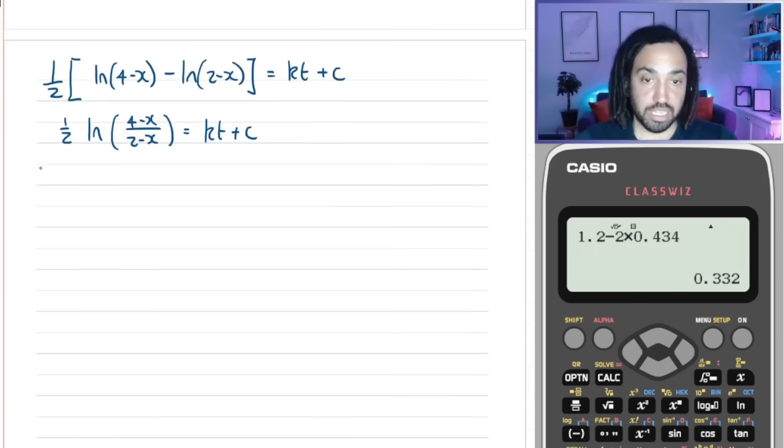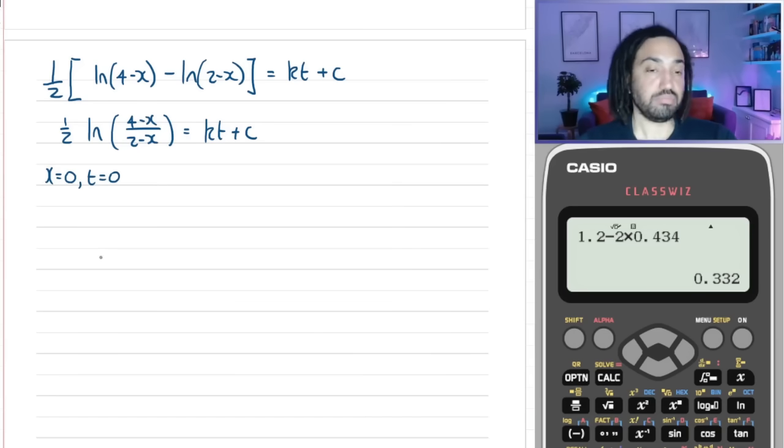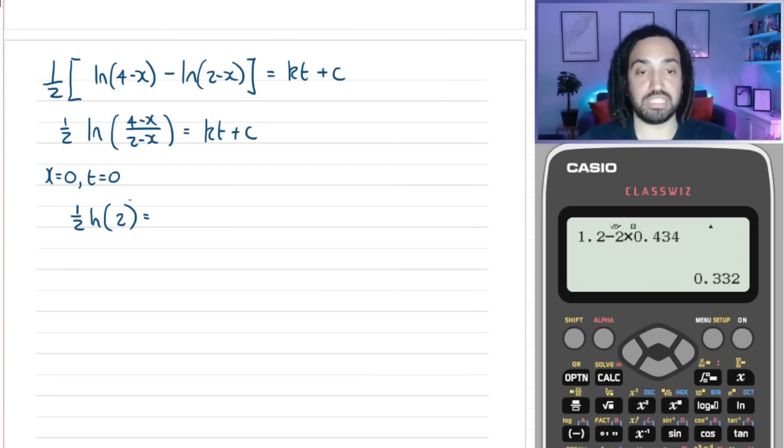Anyway, using the initial conditions, we had x equals 0, t equals 0. So subbing this in, we'll get a half ln of, when x is 0, this will be 4 over 2, which is just 2. And that's going to equal, t is 0, so we're just going to get c on this side.